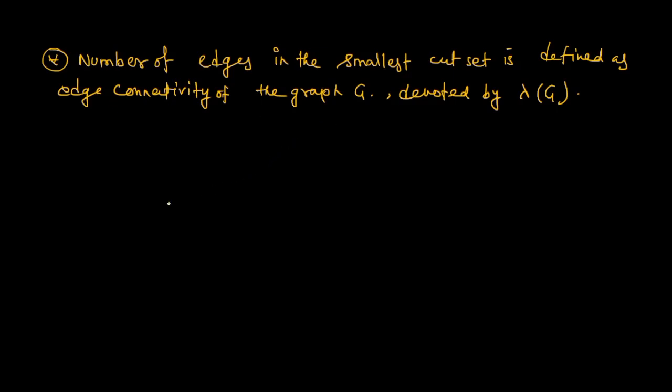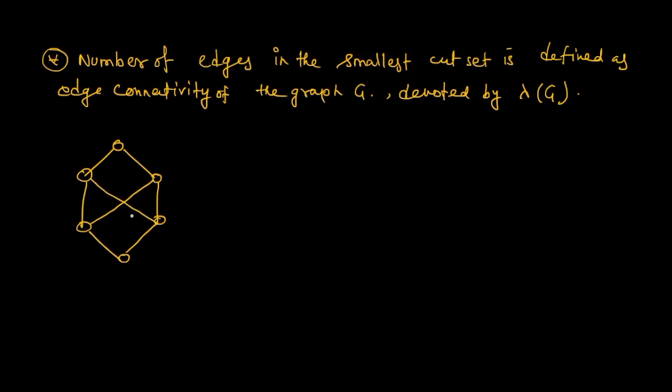Now if I consider a few examples, suppose this graph. When I give a question, you should try that question by yourself first. Later on you can come back and verify your solution.